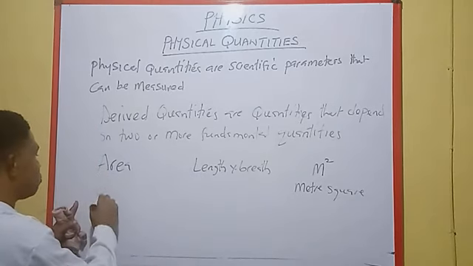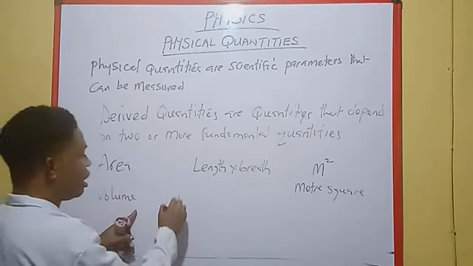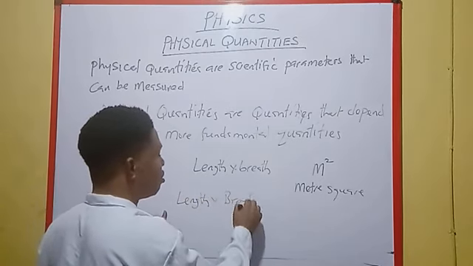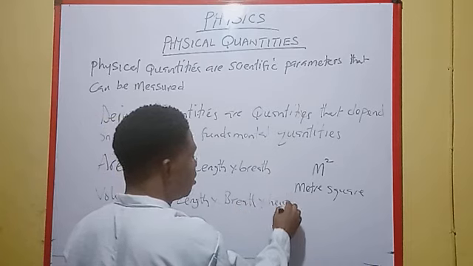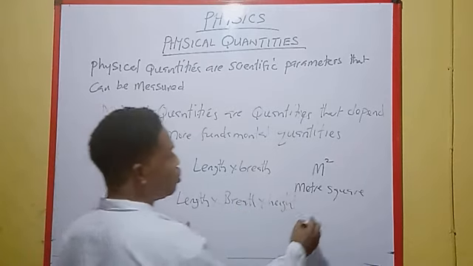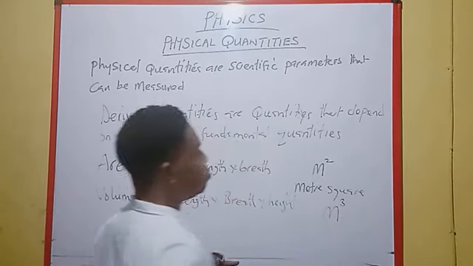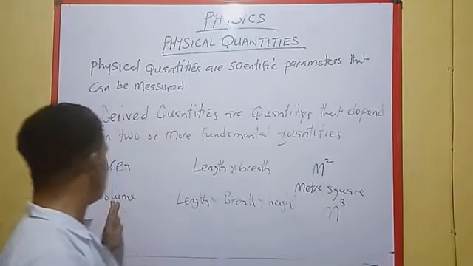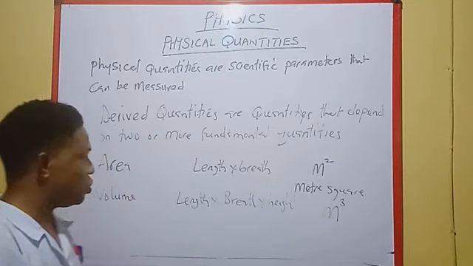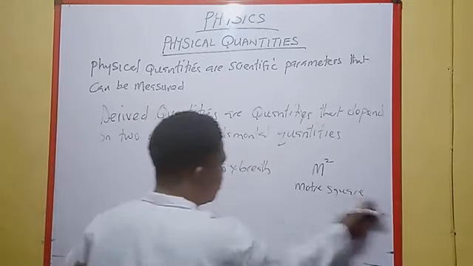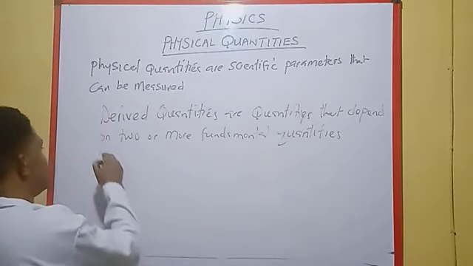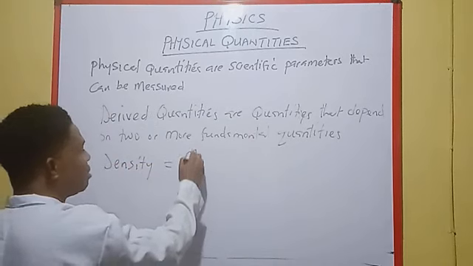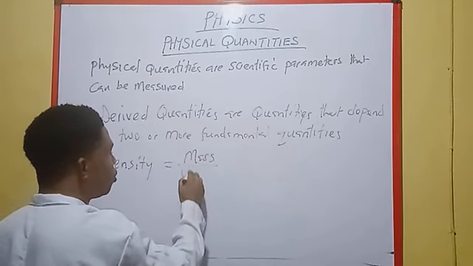Then volume. Volume has a formula of length times breadth times height, and the unit is meter cube. The unit of volume is meter cube. Volume is a derived quantity. Not only that, density also is a derived quantity, and the formula is mass over volume.